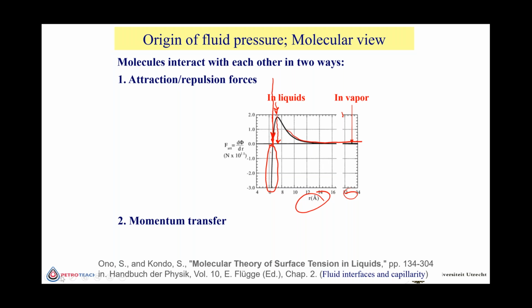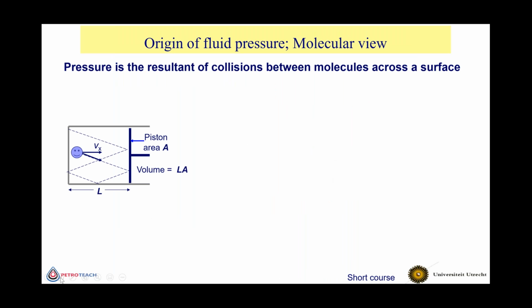But as I said, in addition to that, we have momentum transfer, and they hit each other, and that is the source of pressure. The reason that we have the pressure inside a fluid is because these molecules hit each other.